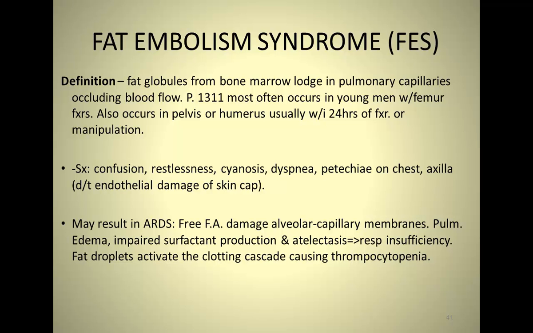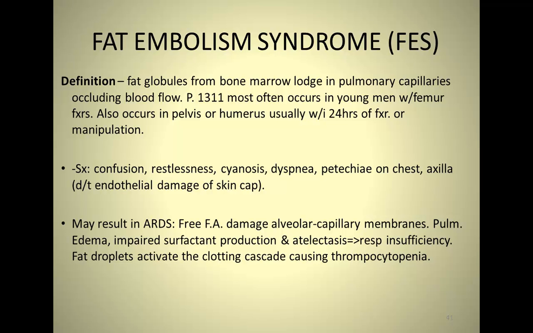Pulmonary edema is where that comes from, because your capillaries are leaking and it's going into your alveoli. You've got impaired surfactant production, or that part that slides the lining of your lungs so that you can expand and contract your lungs. Atelectasis is a collapsing of those alveoli because you're not having the oxygen to keep them open. They're full of junk. So then you have respiratory insufficiency.